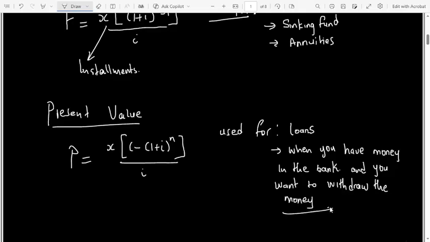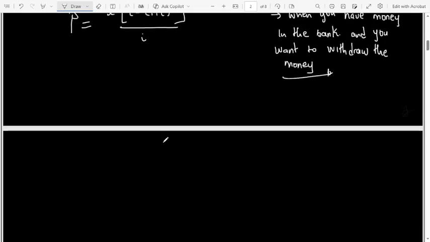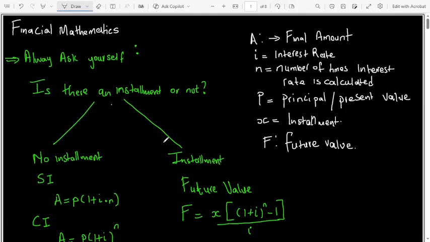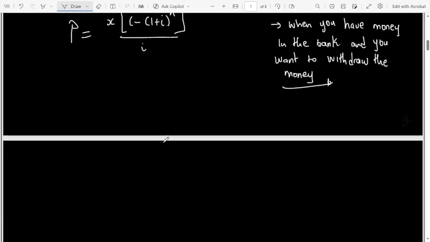Please make sure that you stay with me on this lesson, because we're going to have so much fun. Let's dive into examples so that you can understand how this works. This is just an introduction to financial maths, so now we're going to work on certain examples.